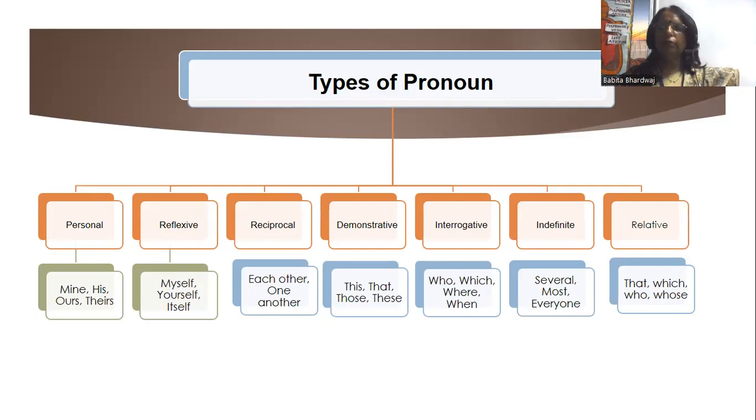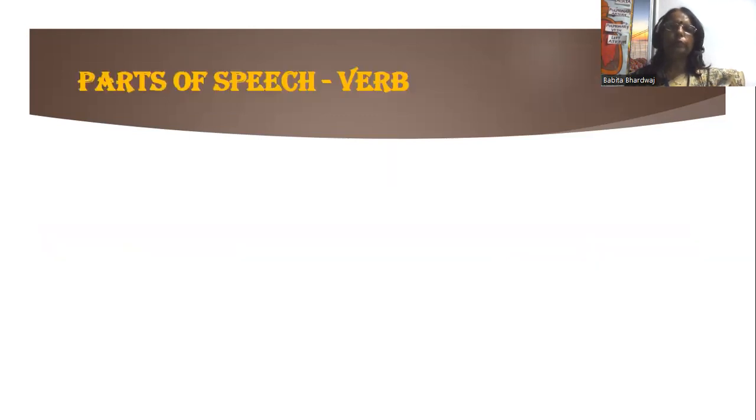Here we are not very specific about the pronoun which we are mentioning in the sentence. For example, several, most, everyone. Then relative. Here we have to establish a relative nature of the pronoun. For example, that, which, who, and whose.